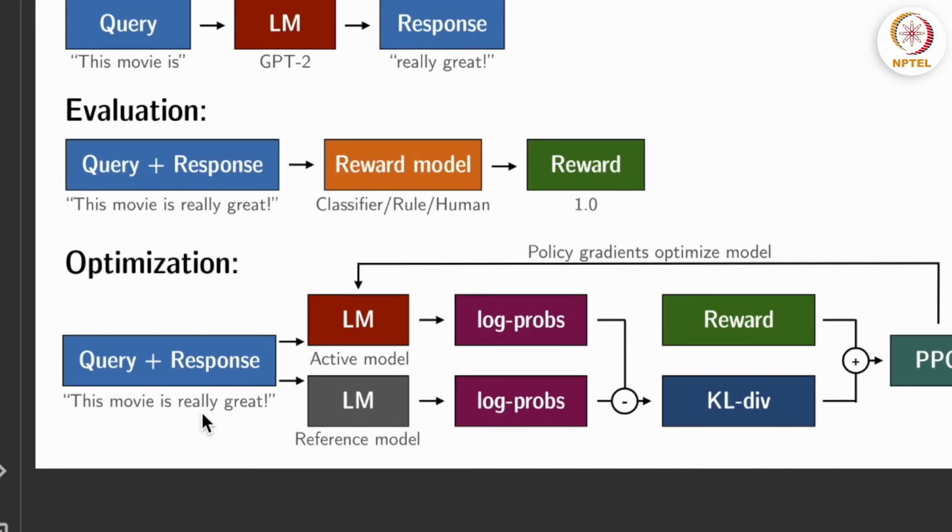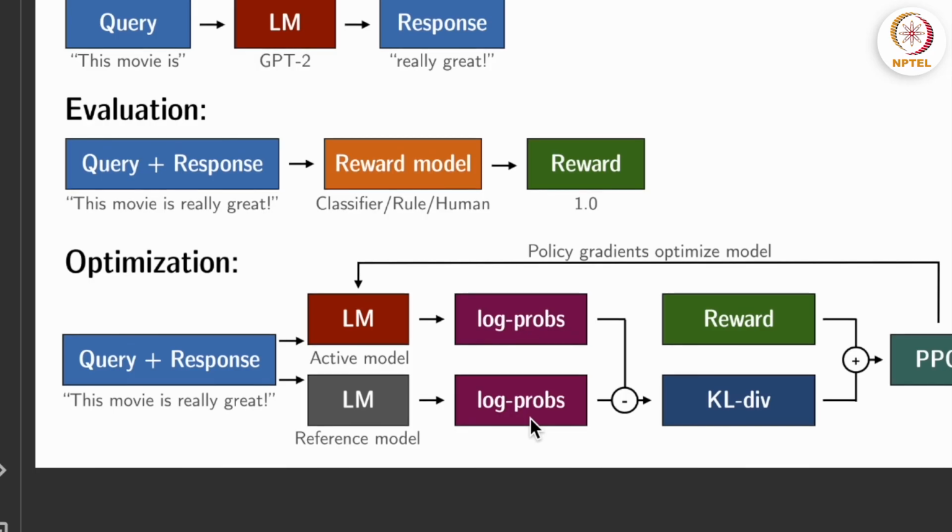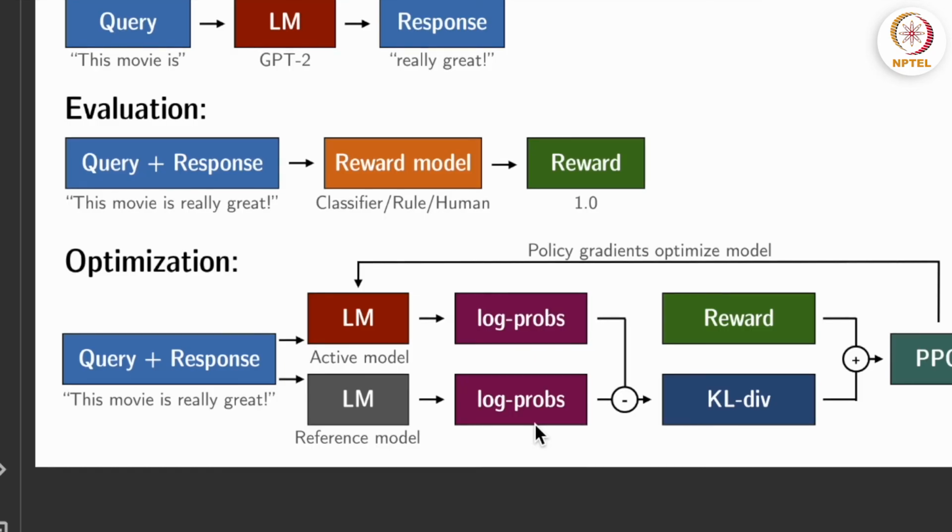Whatever probability distribution for the output it generates, we take that distribution, and we take the reference model distribution for the positive response only. We compare both these probability distributions and we feed them through the KL divergence.